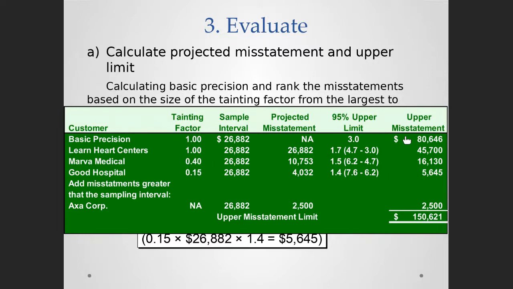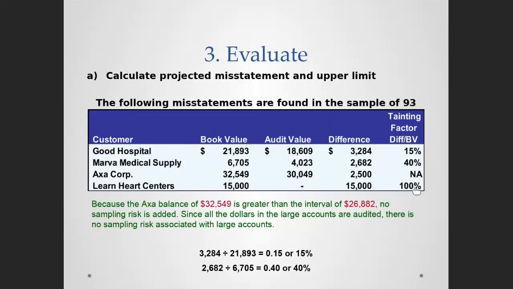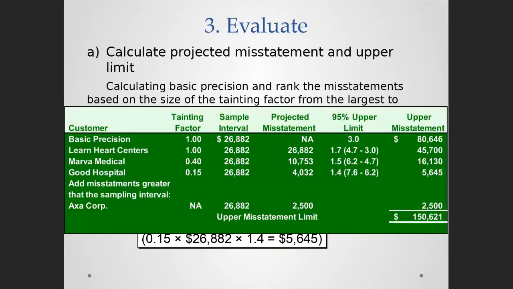Second, we take the largest error, which is Learnhardt, which is 100% error. As you see here, 100%. We take that company and we multiply the percentage of error with the sampling interval.